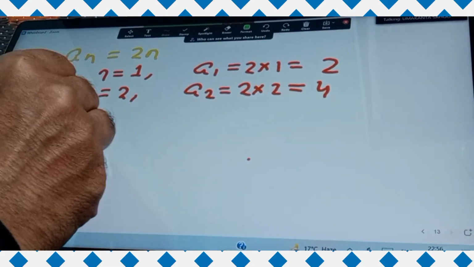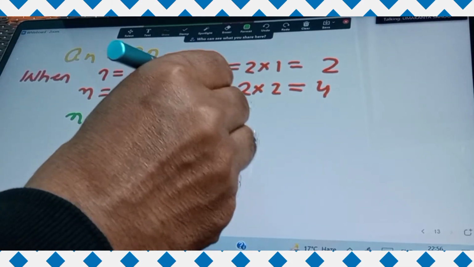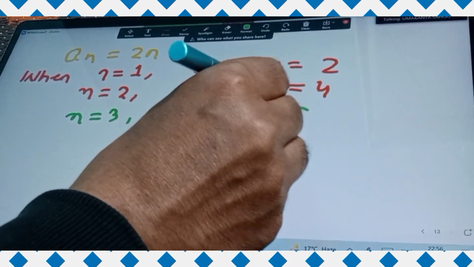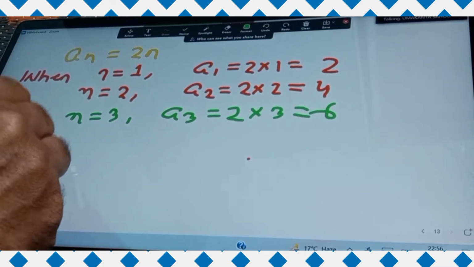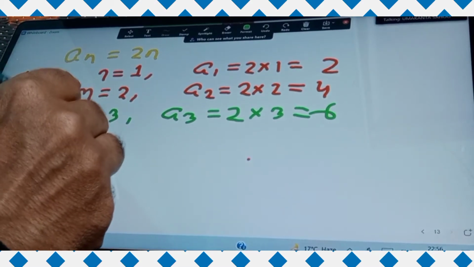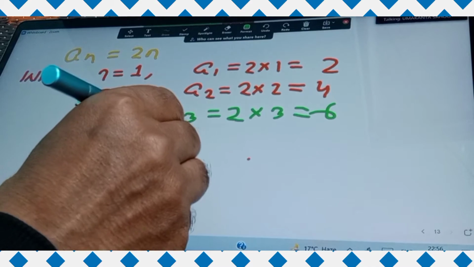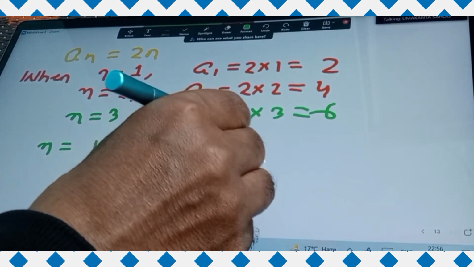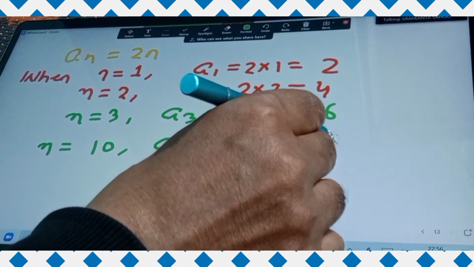Similarly, when n is equal to 3, we shall get the third term, which is 2 into 3, which is 6. If we proceed in this manner, suppose n is equal to 10, we shall get the 10th term, which is 2 multiplied by 10, which is 20.